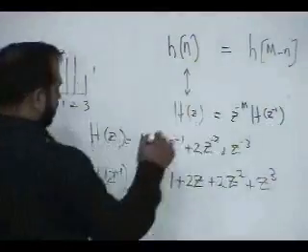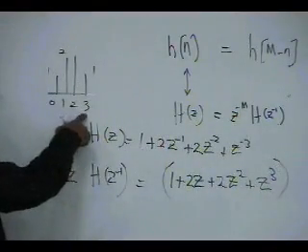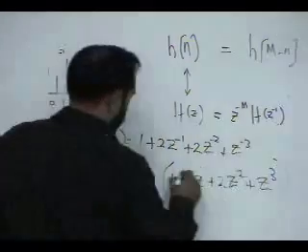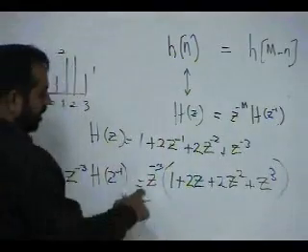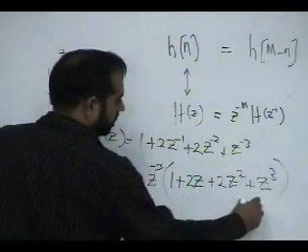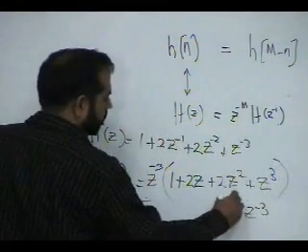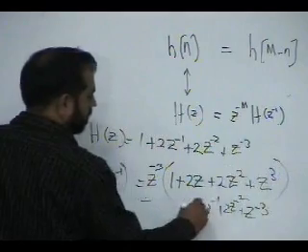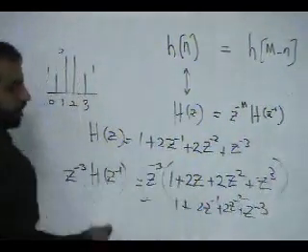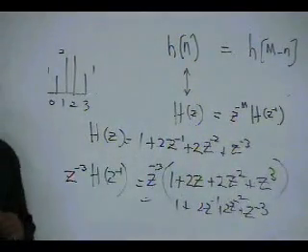Now do this, Z minus m. What is m? Minus 3. So what do you get? Z minus 3, which is this, plus 2Z minus 2 plus 2Z inverse plus 1, which is same as this, right? It will always obey this.